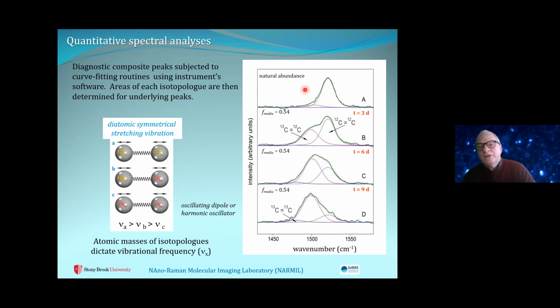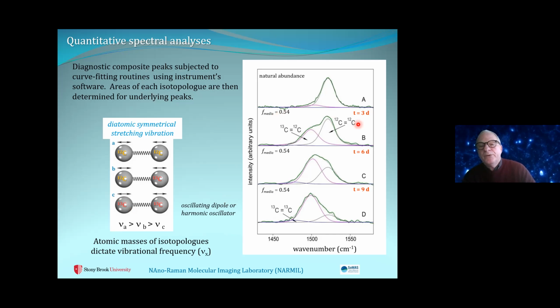This is one of the spectral peaks from carotenoids under natural abundance, where 54%, or 0.54, of the media is C13. At 3 days, we see a peak that is attributable just to the C12, C12, and one that is attributable to the C13, C12.